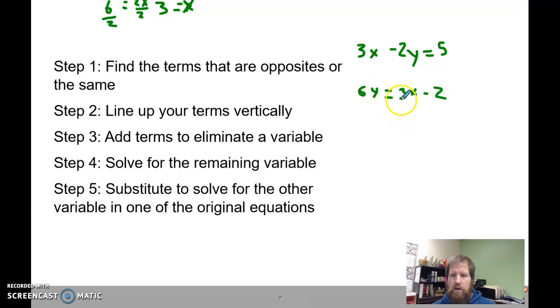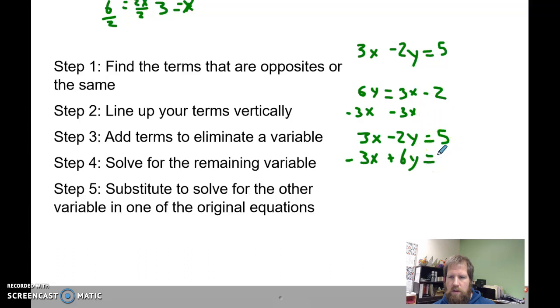So I'm going to want to subtract 3x, subtract 3x, and now I've got my 3x minus 2y equals 5, and my other equation is negative 3x plus 6y equals negative 2.